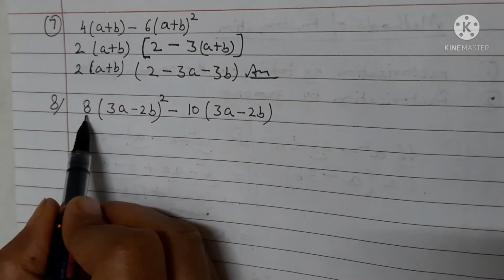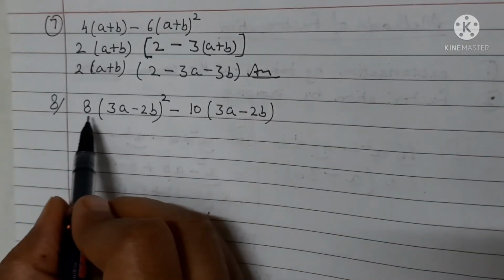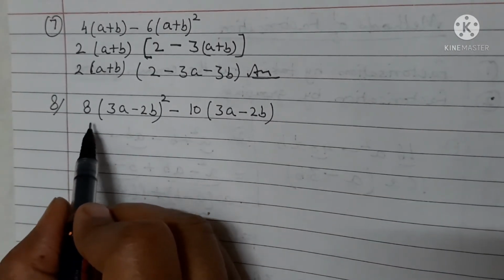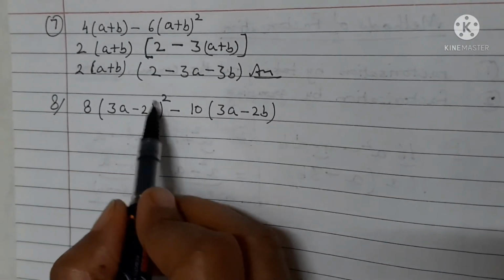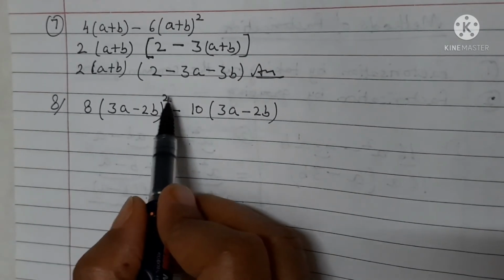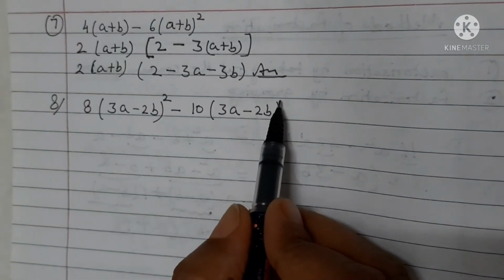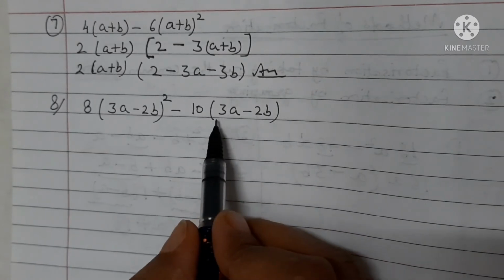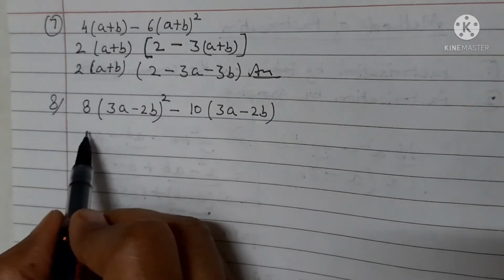Next, question number 8. Here constant terms 8 and 10, so you can take 2 as common factor and see the other part, (3a − 2b) whole square and (3a − 2b) to the power of 1, so you can take (3a − 2b).